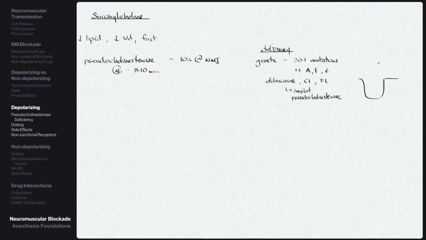So you can pretend to have a patient vial, and this has our patient blood, which will have our pseudocholinesterase enzyme, and we'll add in a substrate to see how well it breaks it down, and then we'll add in dibucaine. Dibucaine will inhibit the pseudocholinesterase if it's a non-variant form.